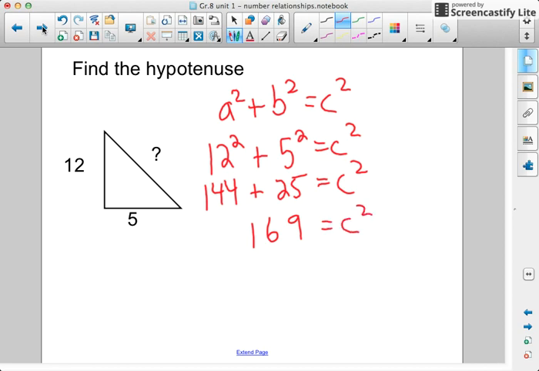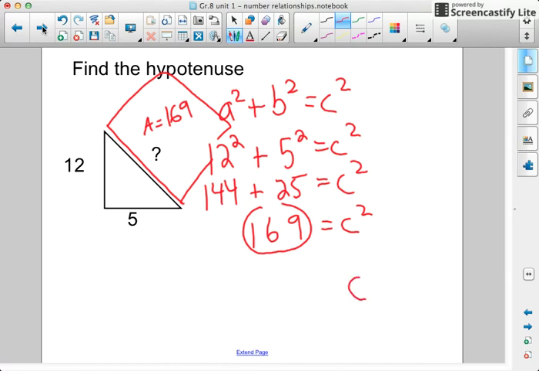So what this states now is that the side of C, this side right here, multiplied by itself would give you 169, or the square that's connected to this side has an area of 169. But right now we're looking for what is C. C is the side length of this square that also corresponds to the hypotenuse of the triangle.